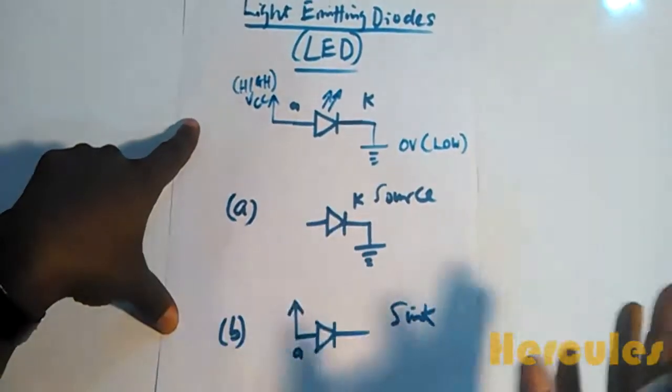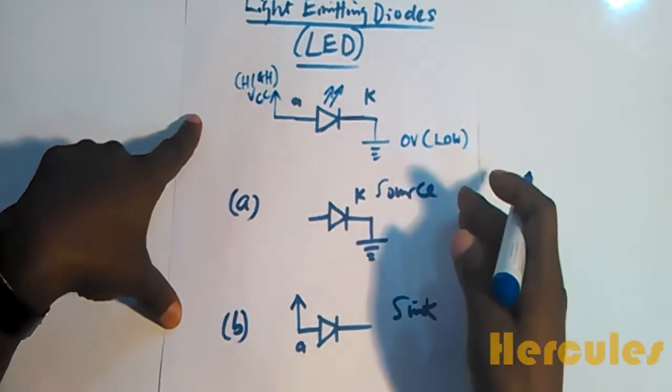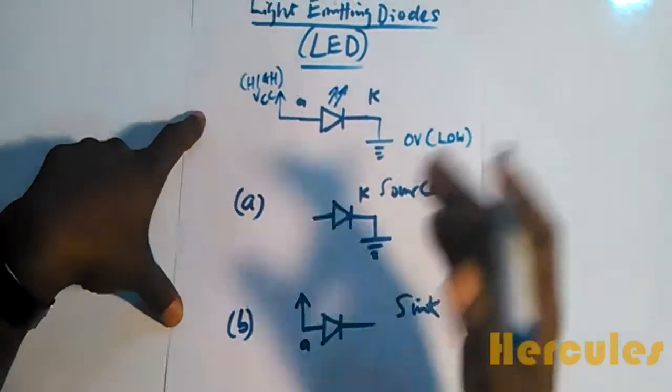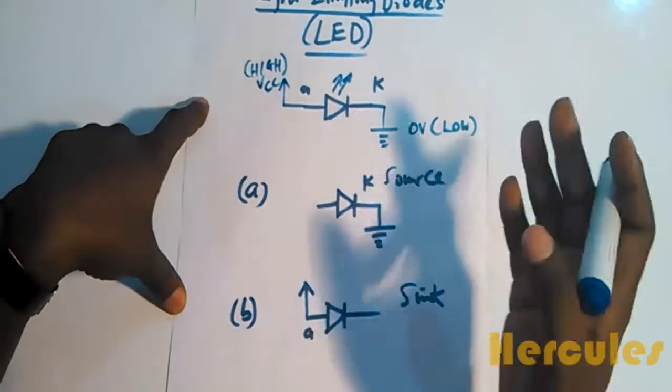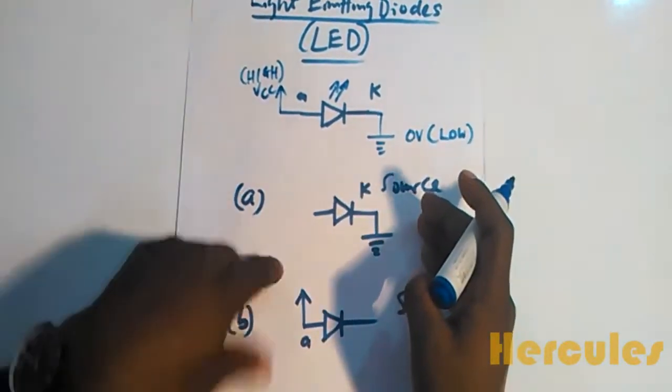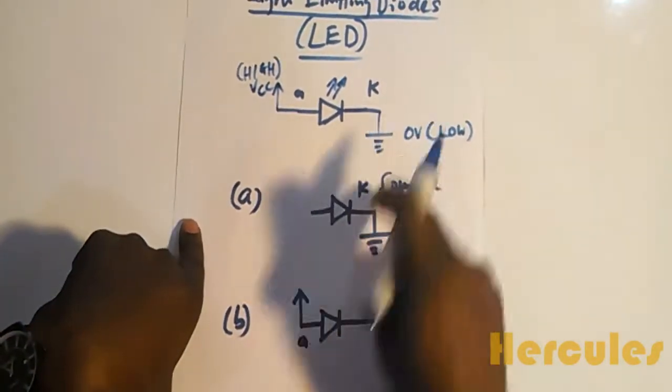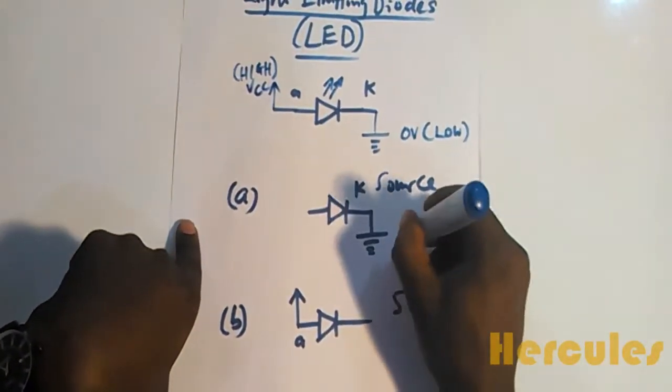Now there are basically two ways we can configure our LEDs to come on. We can configure our LEDs to come on with a 1 if the cathode is connected to 0 volts.